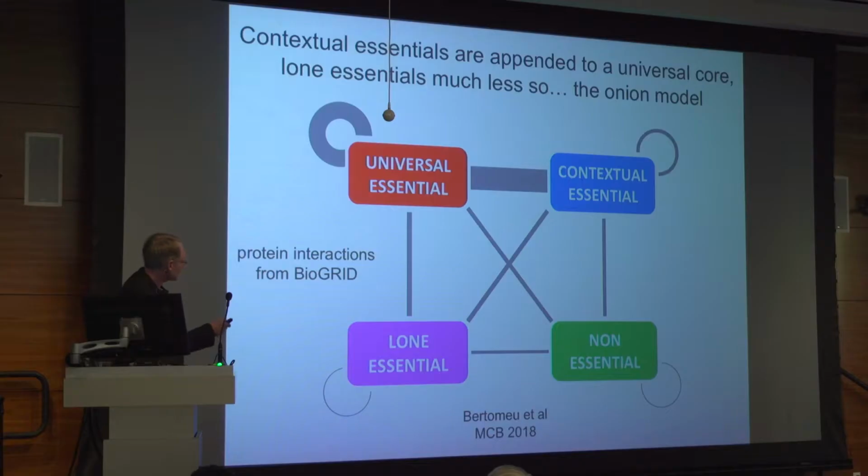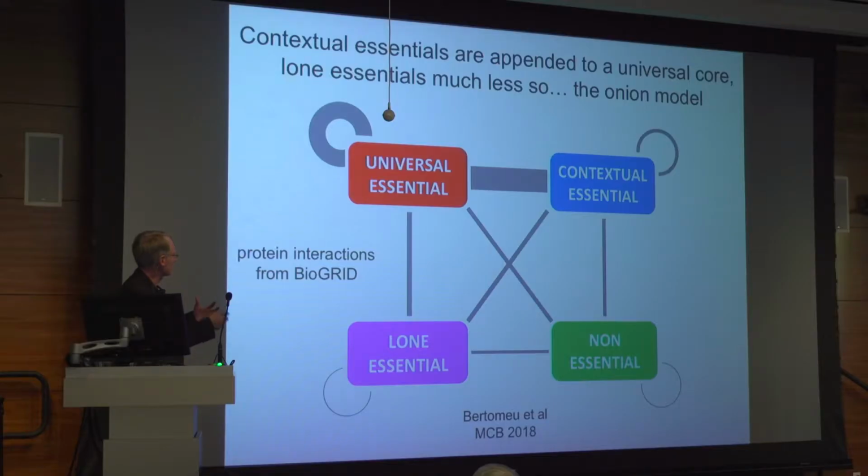Okay, so the extrapolation from yeast to humans in the very first simplest question failed, basically. And so we think about this in this way. This is an overview of the protein interactions. These universal essentials tend to be the cores of protein complexes. There's a lot of what we call contextual essentials that are essential in some lines, not others.